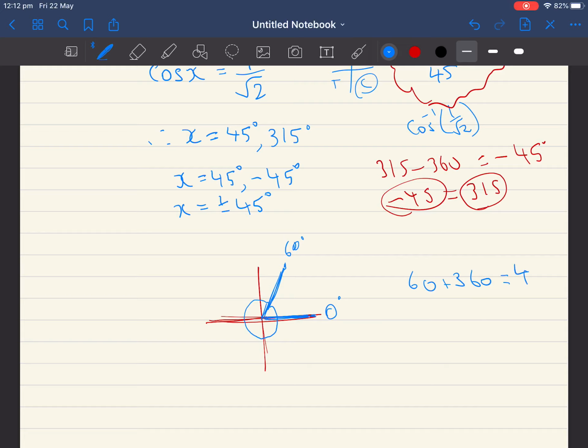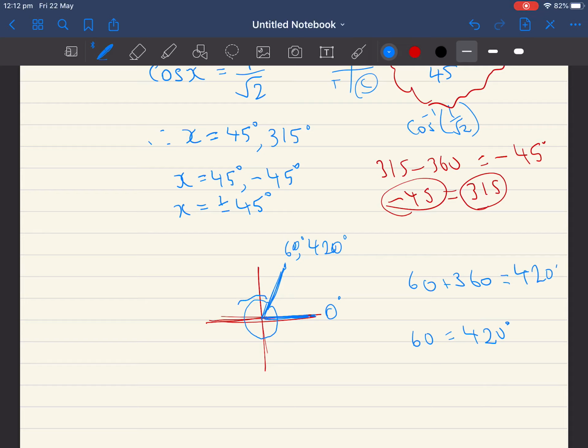That's actually 420 degrees. And notice it gets you right back to where you were when you had 60 degrees. What I'm saying is 60 degrees and 420 degrees are the same thing. The arm will be in the same spot.